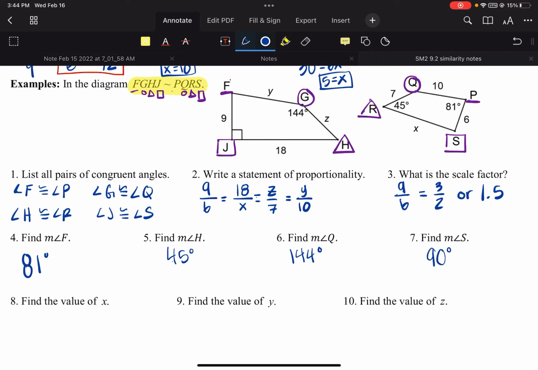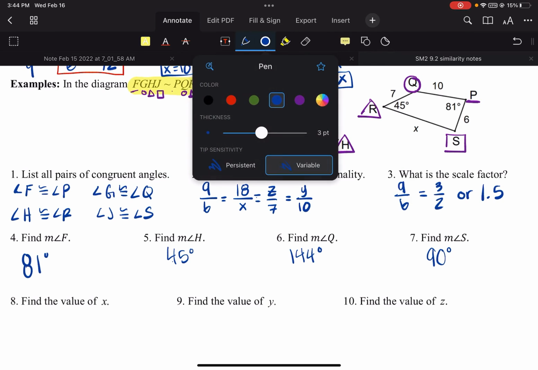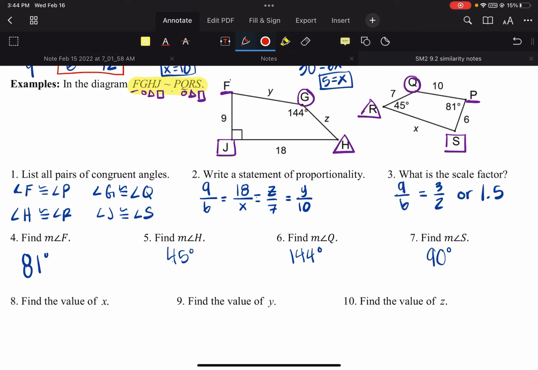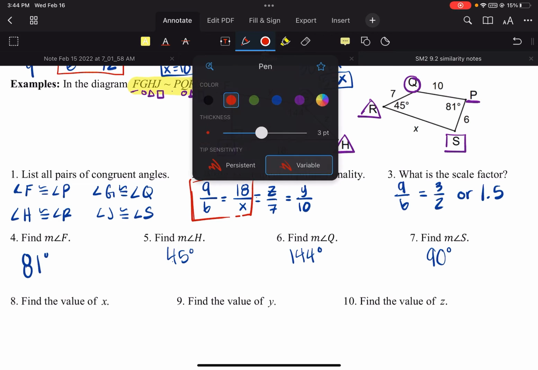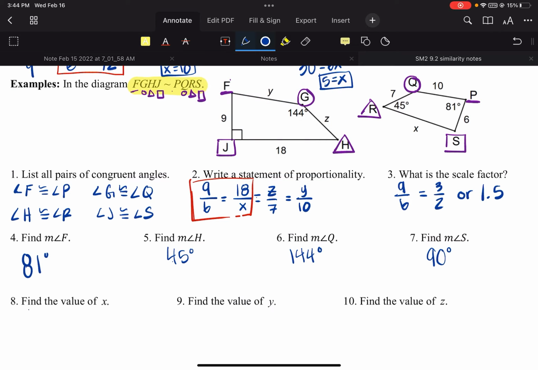Now we're going to find the values of our three variables, x, y, and z. So to do that, I'm going to go back to my statement of proportionality. So to find x, I'm going to take two fractions from my statement of proportionality and cross-multiply them. So I'm going to have 9 over 6 is equal to 18 over x.